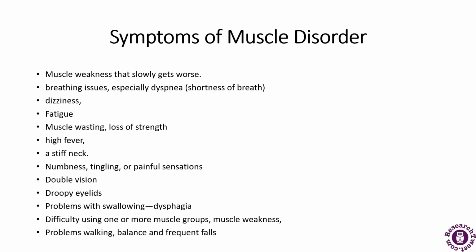Then double vision, droopy eyelids, problems with swallowing, difficulty using one or more muscle groups, such as muscle weakness, and problems walking, balance, and frequent falls. So these can be the symptoms of muscle disorders.